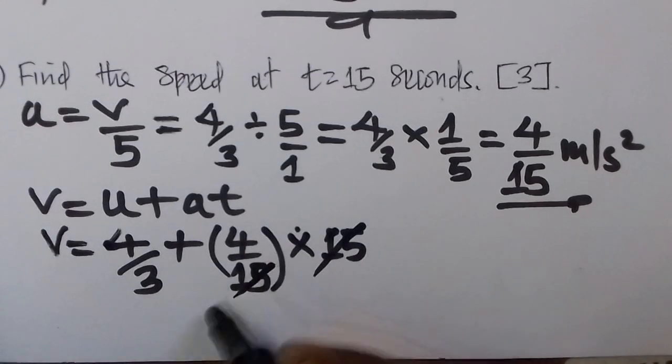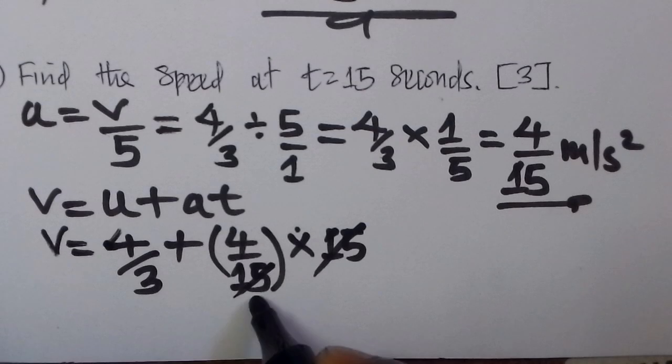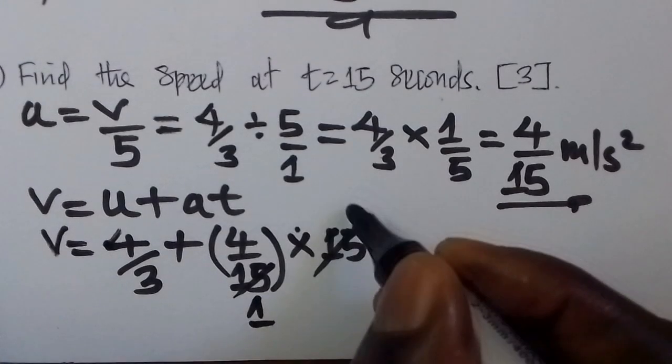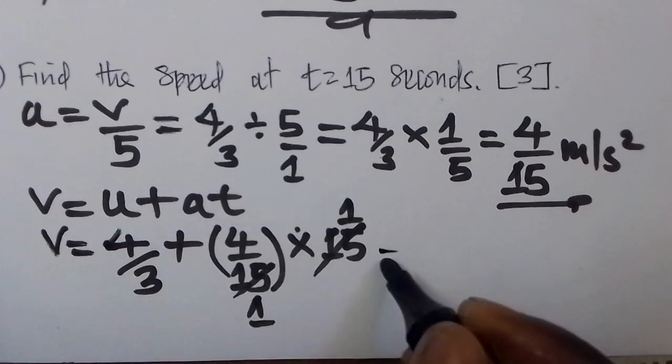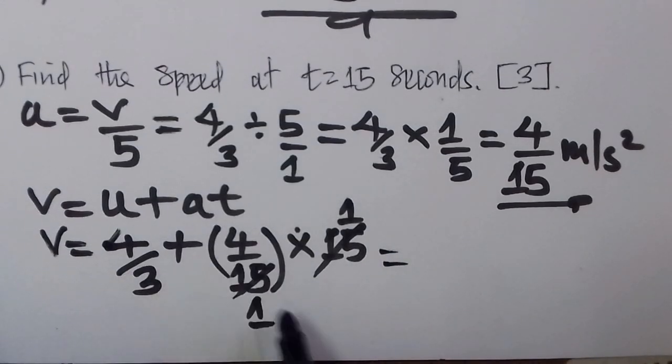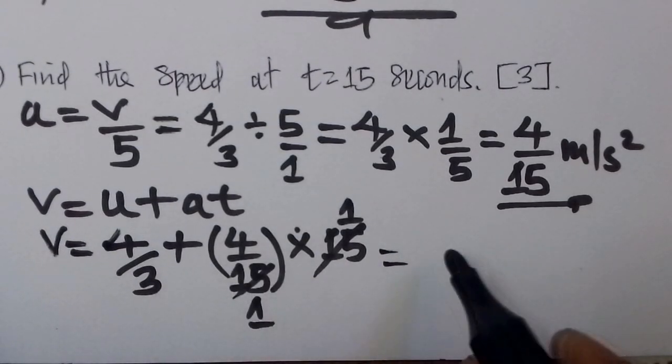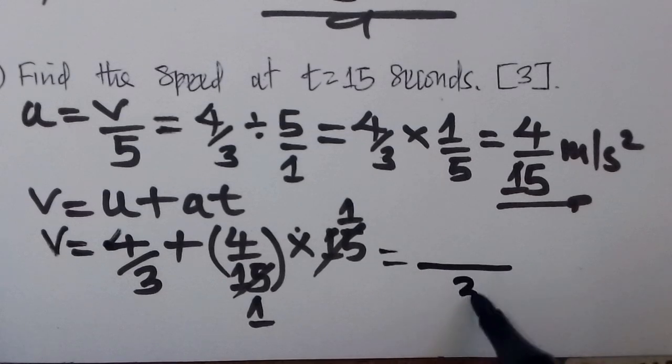And then this 15 and this 15 will simplify to give us 1, and also here 1. So basically we are just working with 4/3 plus 4/1. Now 4/3 plus 4/1. Here the common denominator will be 3.